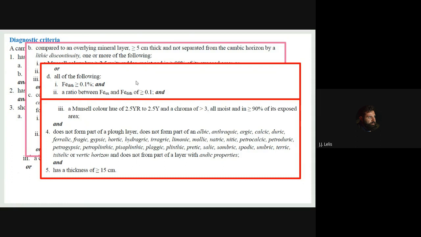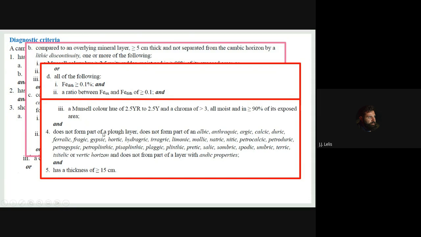Okay, it should possess, as I said, high chroma and high values, because it's related to the formation of a color different from the parent material, and it should not be related to any of these horizons or layers, because it's not related to any specific soil process.